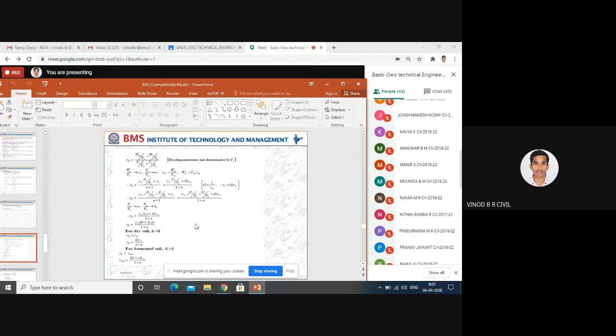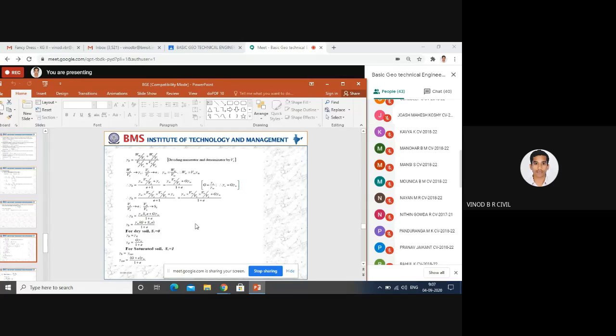Volume of voids divided by volume of solids equals e, which is nothing but the void ratio. Degree of saturation is equal to volume of water divided by volume of voids.